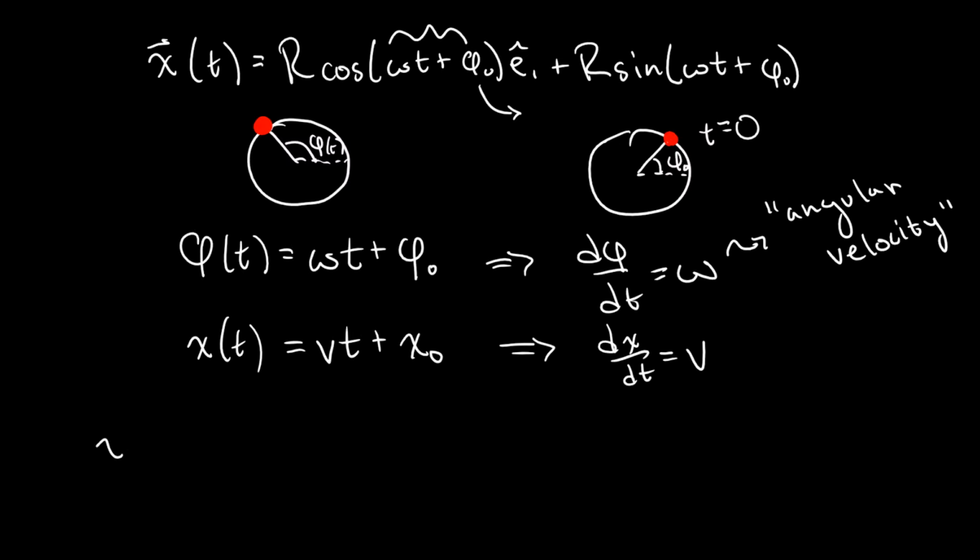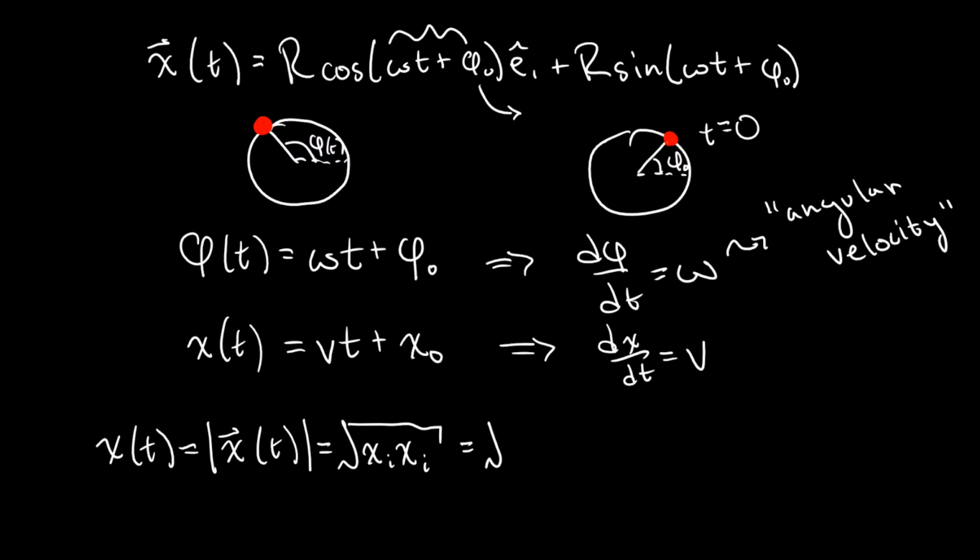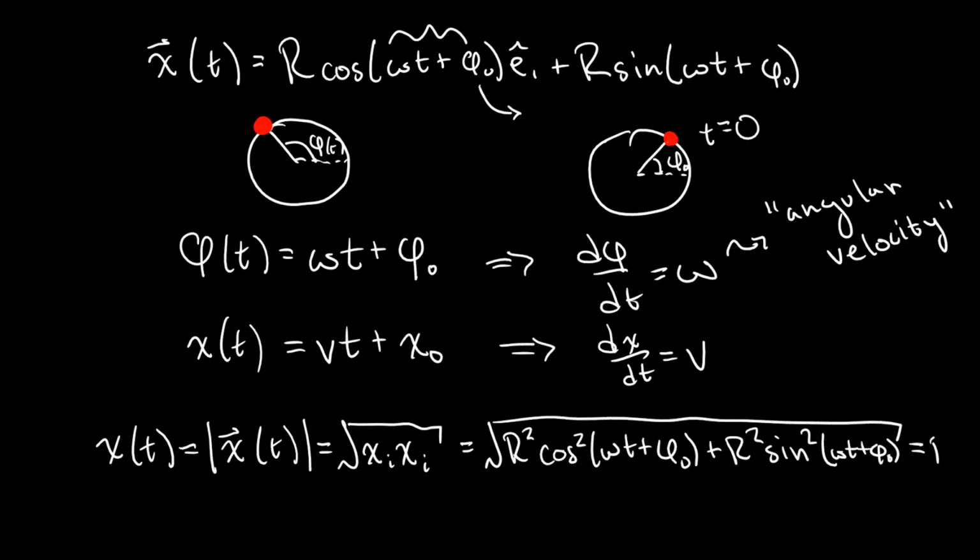One way we can do that is to show, I'll just call x of t, the magnitude of the position vector, which is of course going to be given by the square root of the sum of the squares of our components, which is r squared cosine squared omega t plus phi naught plus r squared sine squared omega t plus phi naught, which is just equal to r, which means that this thing is always staying at a fixed radius as it moves around the circle.